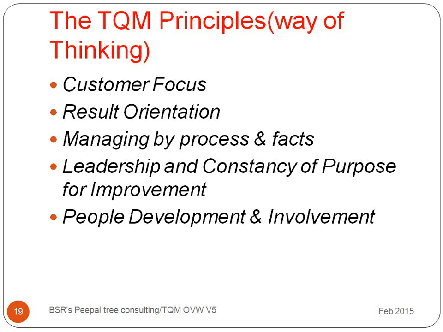The next two are leadership and constancy of purpose for improvement. So continuous improvement should be the mindset. What I do today must be one step better than yesterday. So I continuously work on improvements. To achieve all of this, we need people with the right kind of competence and skills, and therefore people development and involvement is a big principle of TQM.